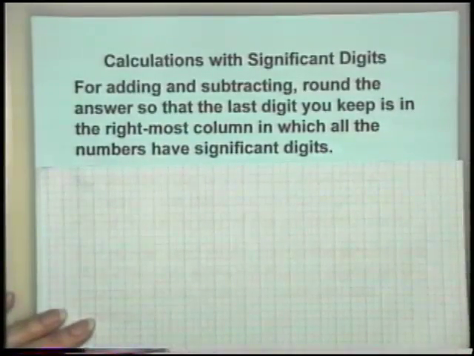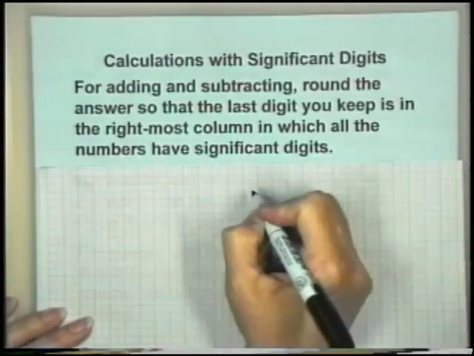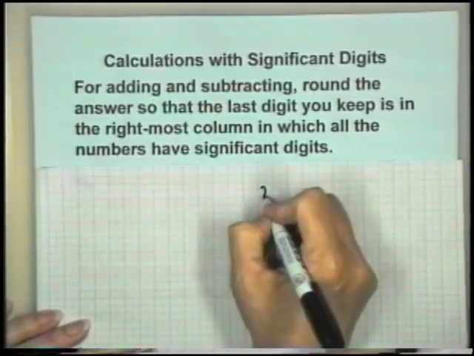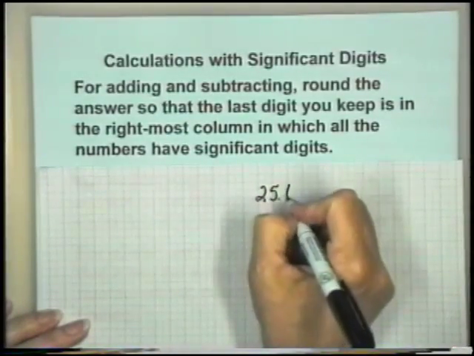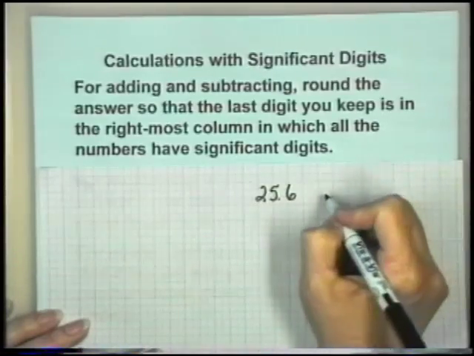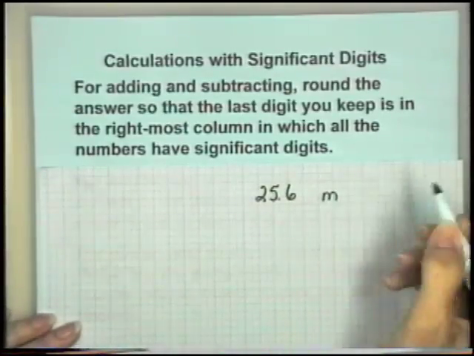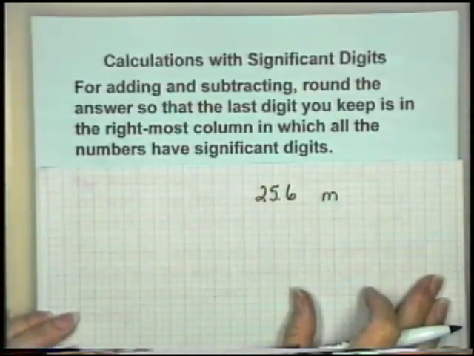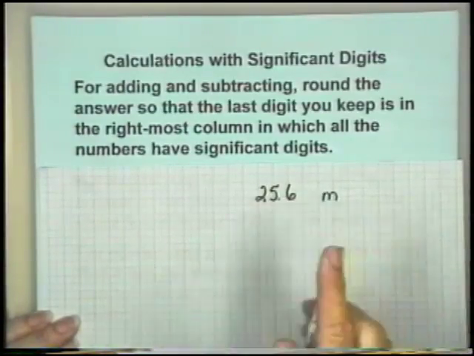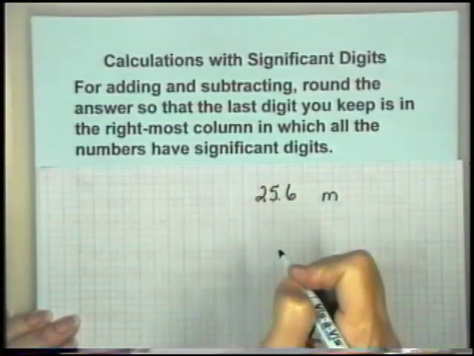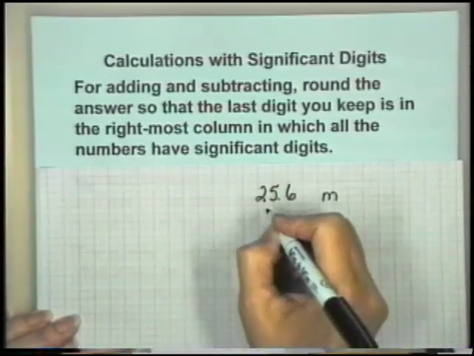Say, if I were adding 25.6, and we'll pretend that this is the side of a triangle and it's in meters, and I were adding another number.